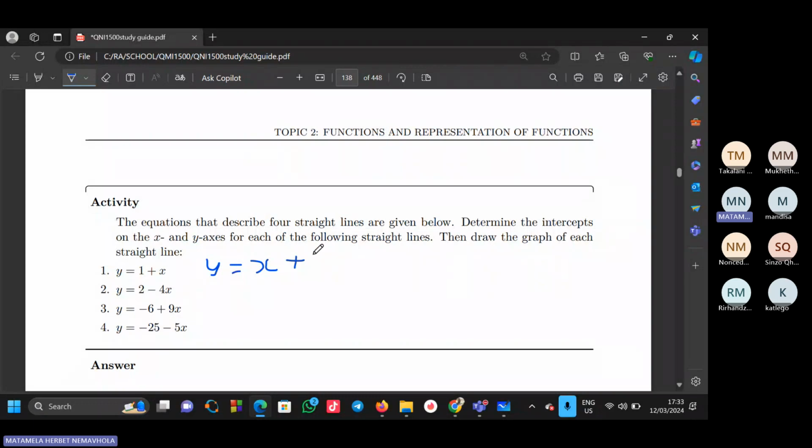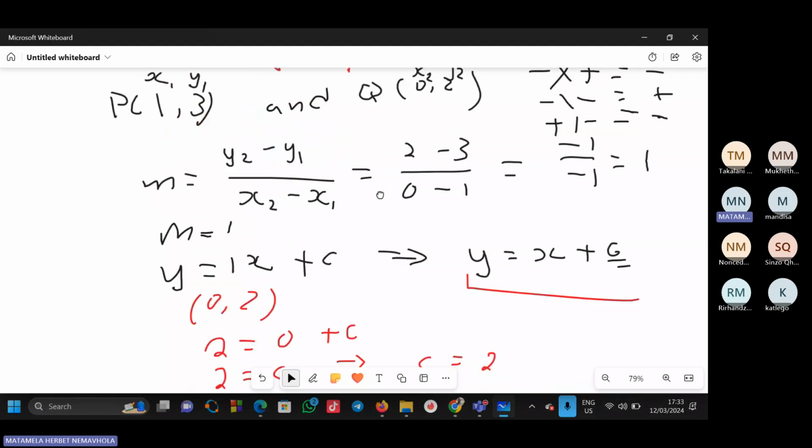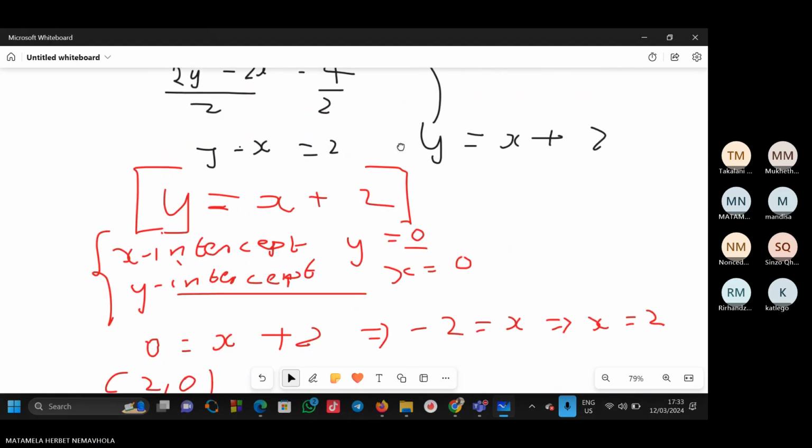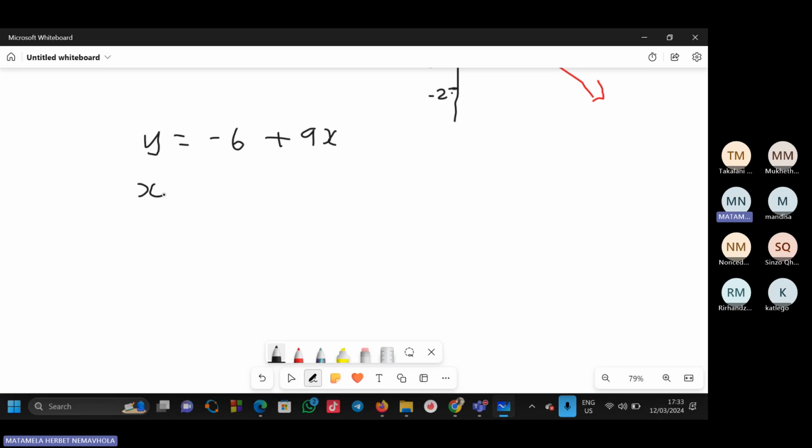So I will take the one that can be a little bit tricky: y equals negative 6 plus 9x. The first thing is to get our x-intercept.